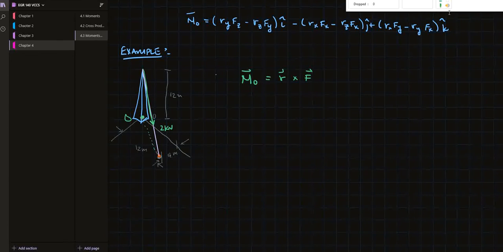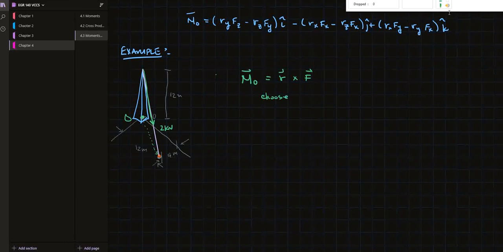That would touch our force. We could also choose a position vector that comes here. That would be almost impossible to figure out. But any position vector that touches our force, the line of action of our force, is allowed. This is the most obvious one.